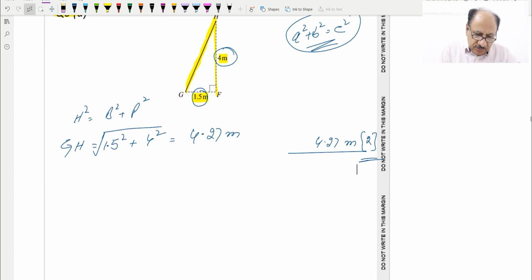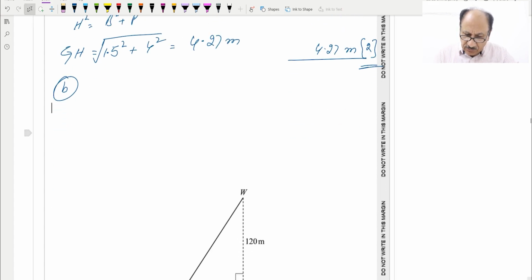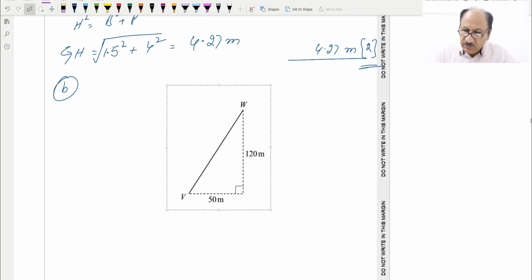Now for the b part we have this triangle, and the question says that the diagram is not to scale.